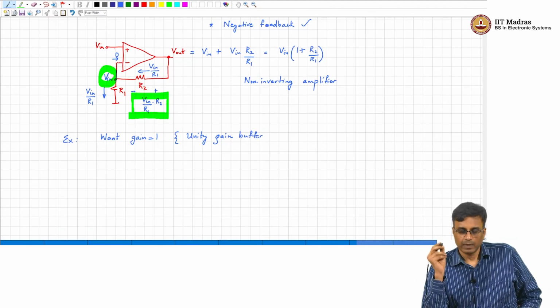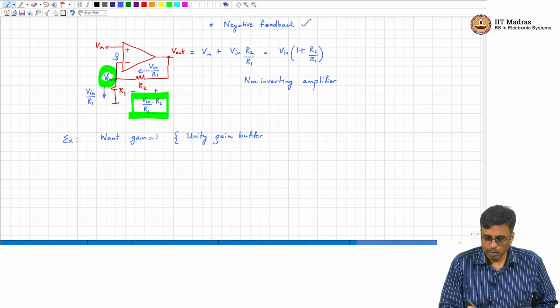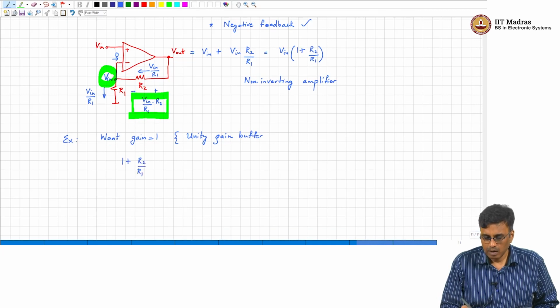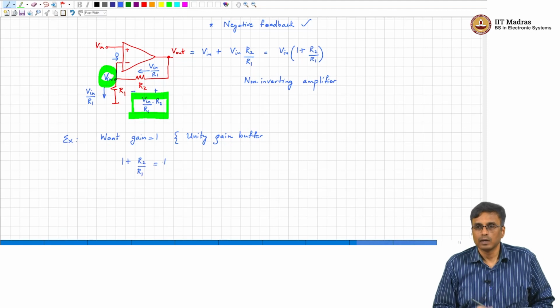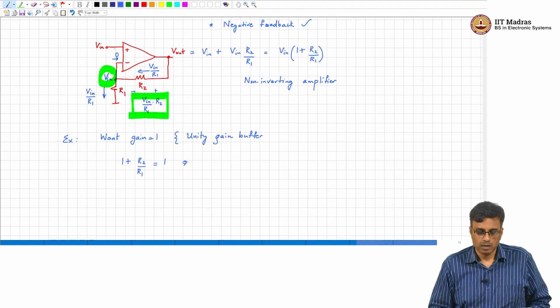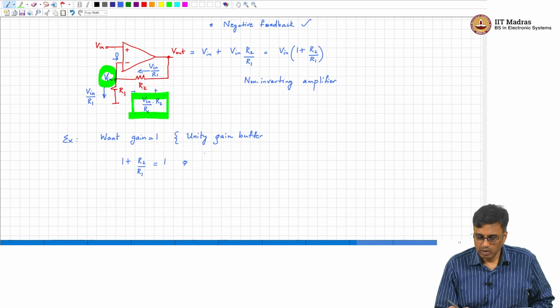Okay. So, what is the formula for the gain? 1 plus R 2 by R 1, this must be equal to 1. So, what should we do? Okay, so there are many possibilities.